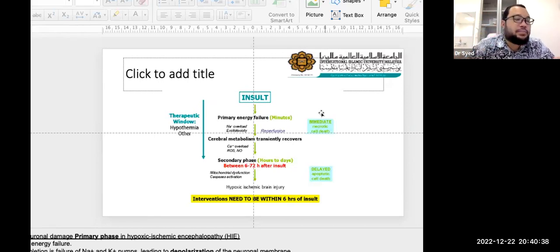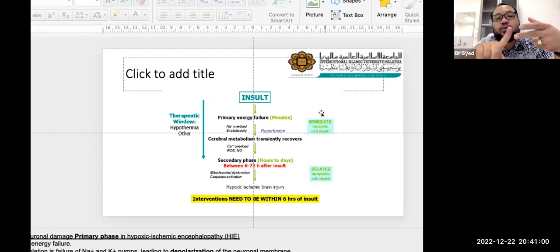So some authors suggest that when you do therapeutic cooling, it does not actually prevent all the things from happening, but it just makes the process happen slowly. So when the process happens slowly, the damage is not as bad. So that's among the postulations.